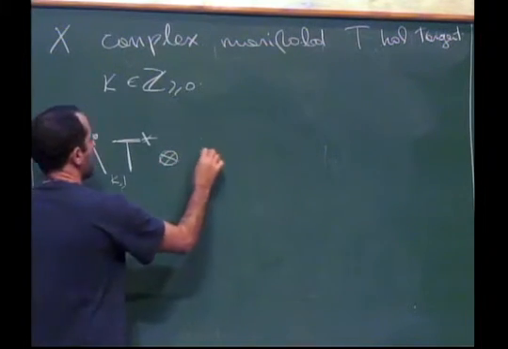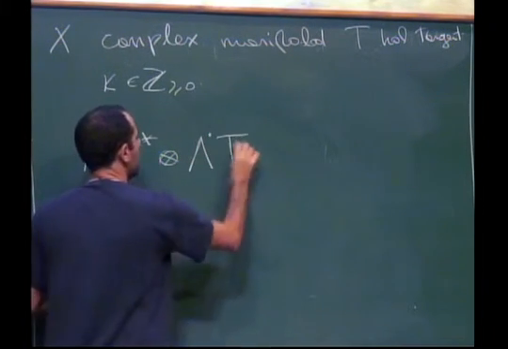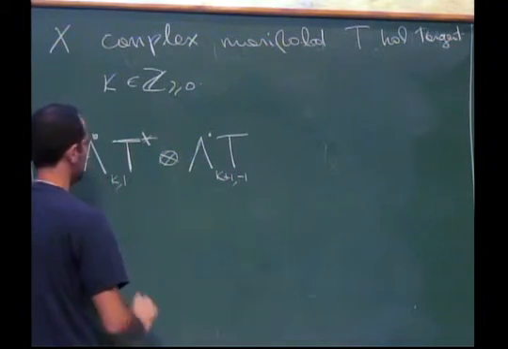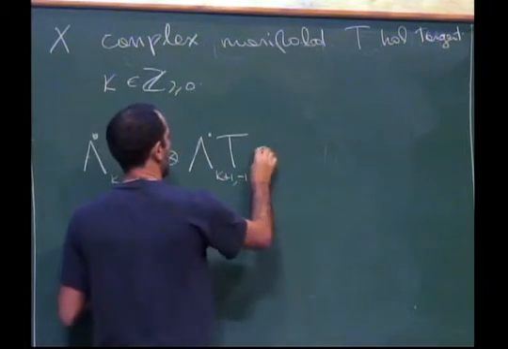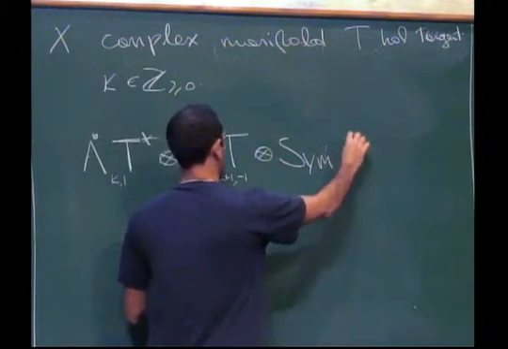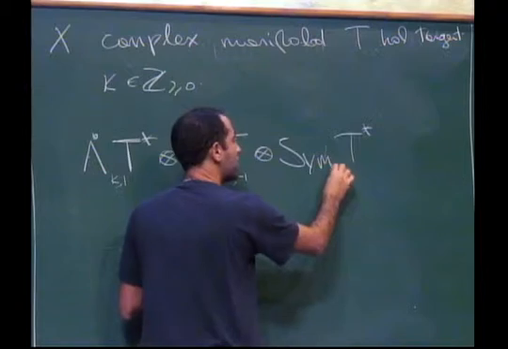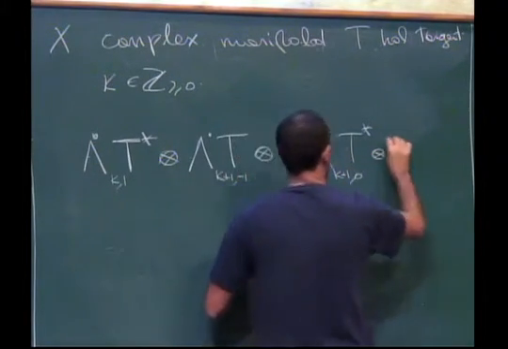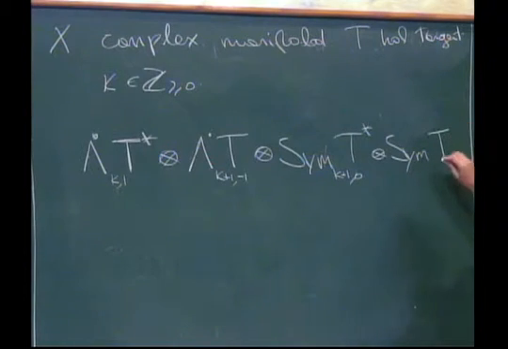Let's tensor this with the exterior algebra of T in bidegree (K+1, -1), the symmetric algebra of T star in bidegree (K+1, 0), and the symmetric algebra on T in bidegree (K+1, 0).